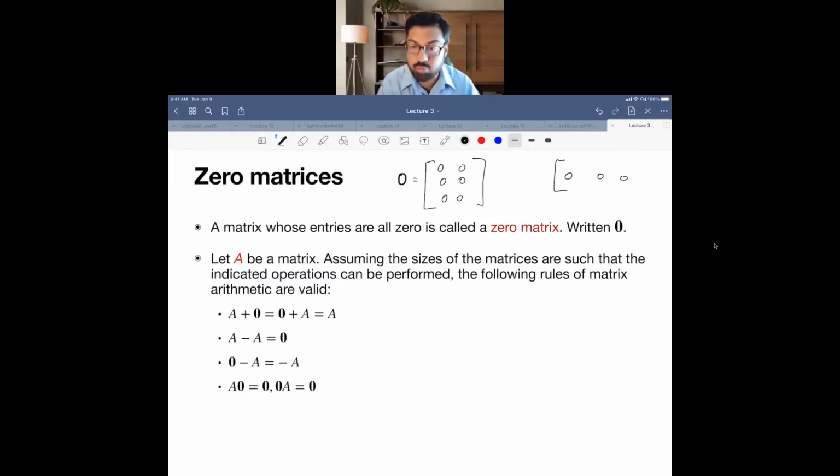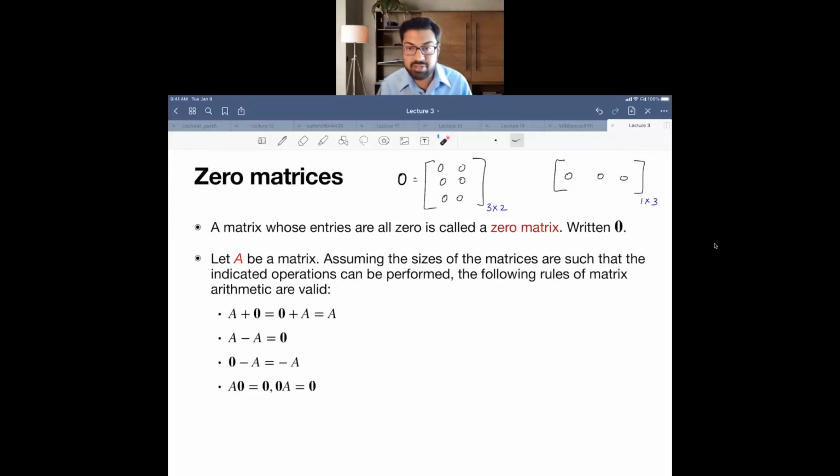All entries, no matter what the size is, should be 0. So we have 3 rows, 2 columns, and 1 row, 3 columns. They're all zero matrices. All entries are zero.